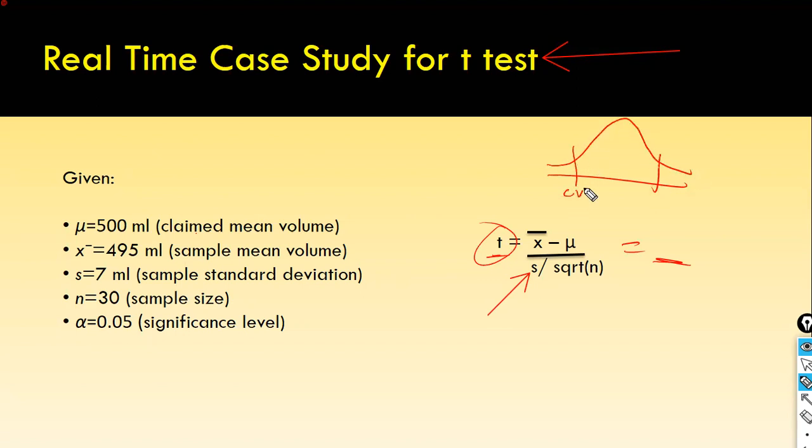This is what your critical value, right? So this is what your non-rejection area. If the t values are less than this one, they will fall here, and the t values greater than this one will fall here. Or if it is not less than or greater than, then it will fall somewhere here, right? This is what your non-rejection region area.